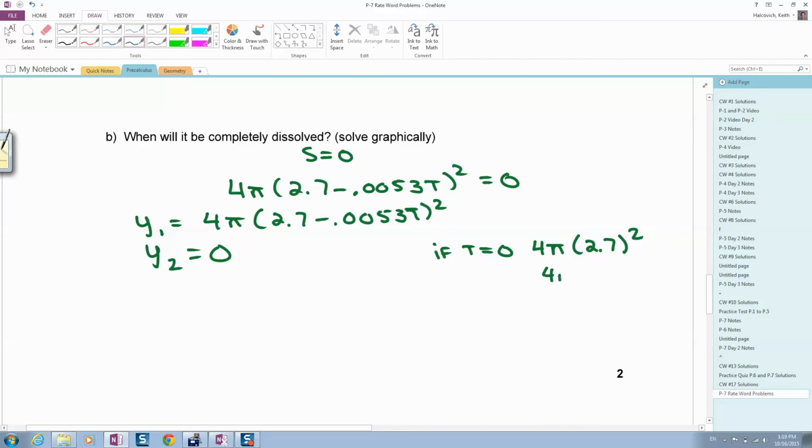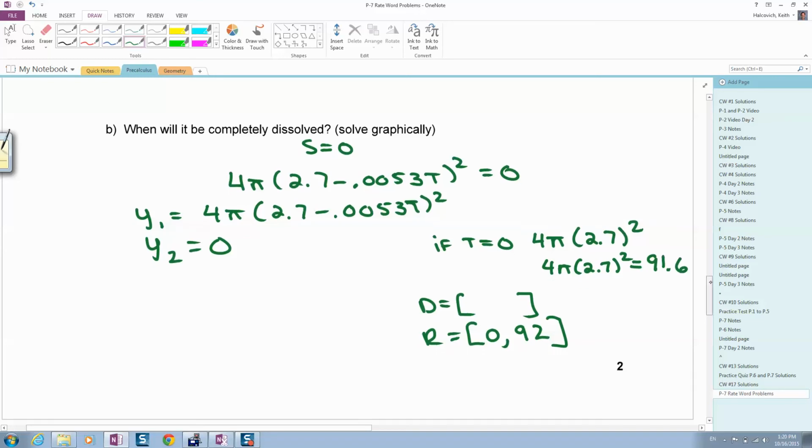Well, 4 pi times 2.7 squared is approximately 91.6 if you do that in your calculator. That means the maximum I can have for y in my range is 92, because when the time is 0, the maximum that it will be is 92. And remember, it's going down, so that's why my range max is 92.